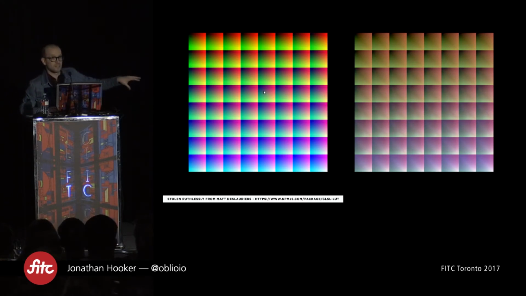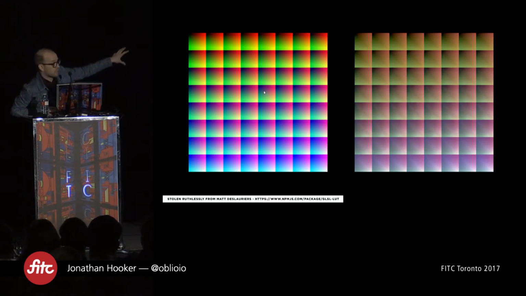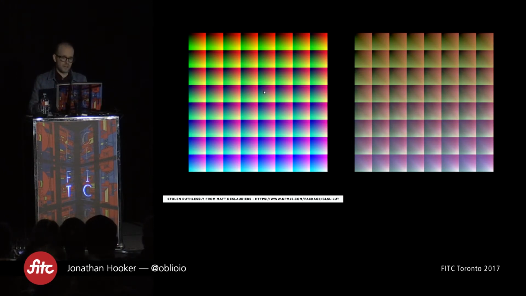So what a LUT does, in a nutshell, is on the left we have a color table. It's straight up color. It represents most of the colors in the spectrum. Obviously it's not going to be all of them, but a lot of them. And you can take it, do all your Photoshop work that you want for all of your coloring, and bake out a modified version of the color table.